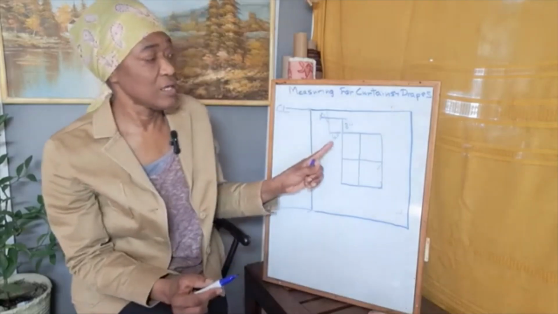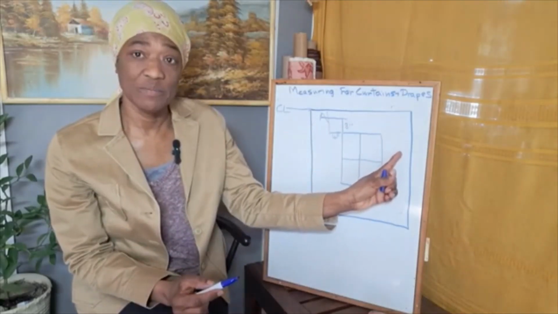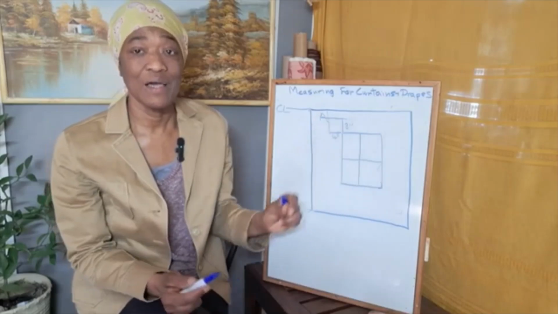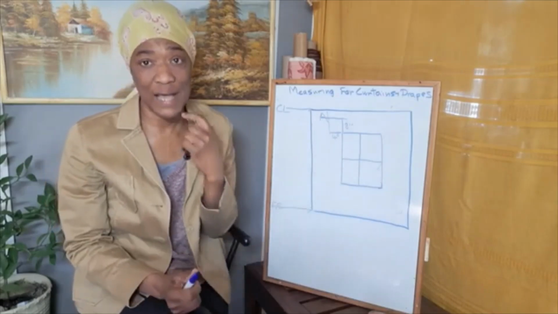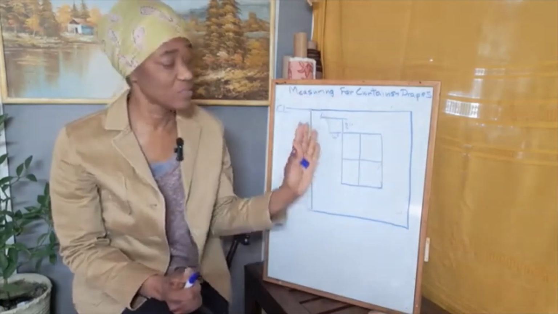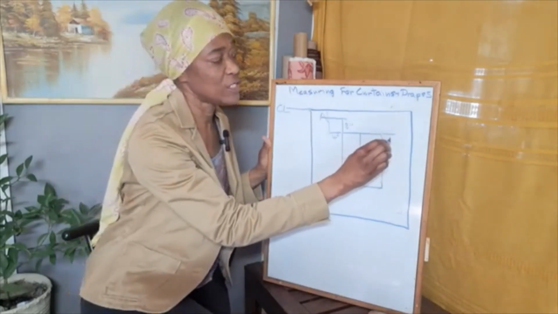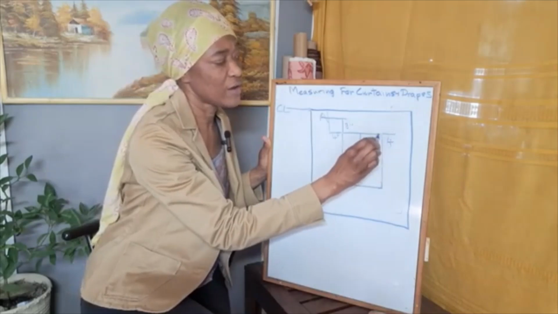Now generally we would balance off the measurement on the other side, and that will depend on what's happening on your wall, right? But for this purpose we'll go ahead and say we have another 4 inches over here.